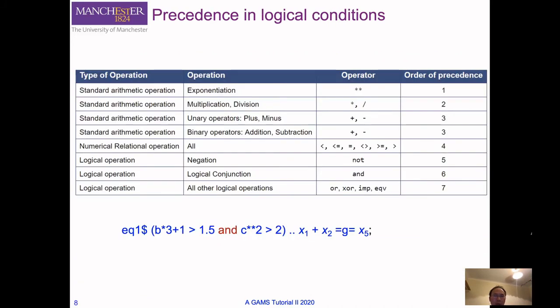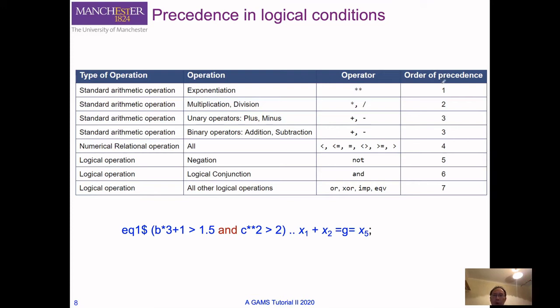In a complex logical condition, we may have different operations, such as arithmetical operations, numerical relational operations, and logical operations. We can use brackets to separate different operations. In order to calculate the value of the logical condition, we should know the precedence of each operation. In this table, we can see clearly the order of precedence for each operation.